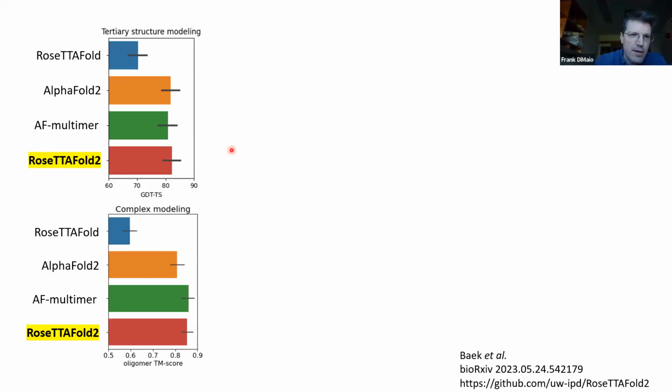We're comparing both monomer structure prediction and complex structure prediction, using the GDT-TS of the original RoseTTAFold, AlphaFold 2, and AlphaFold Multimer. You can see RoseTTAFold 2's performance on monomer structure prediction is in line with that of AlphaFold. The same exact model on complex prediction is in line with AlphaFold Multimer.